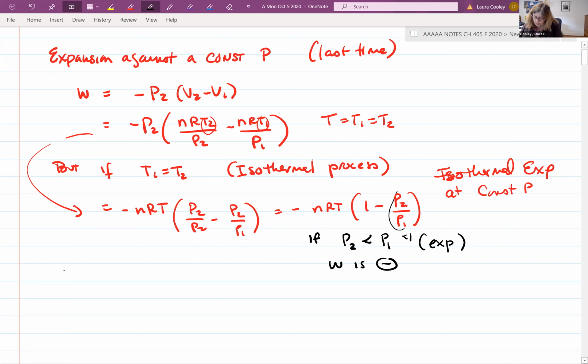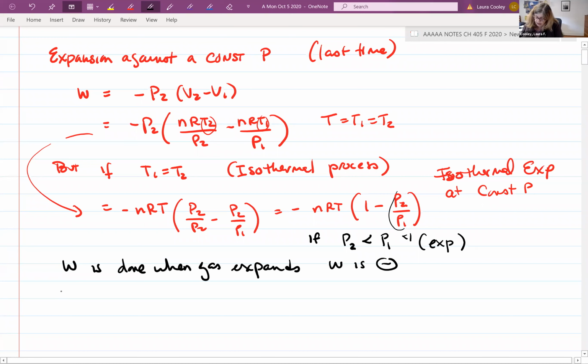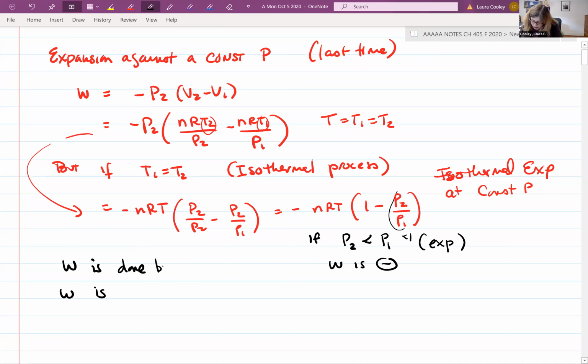So work is done when the gas expands, and so it's negative. To put it correctly, we would say work is done by the system when it expands.